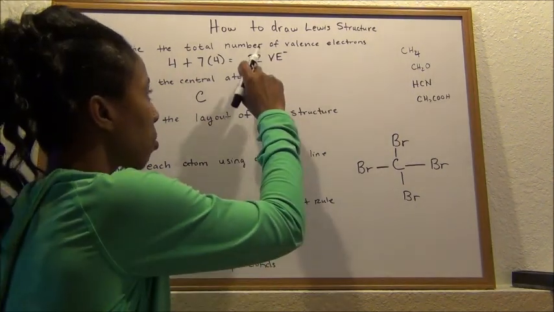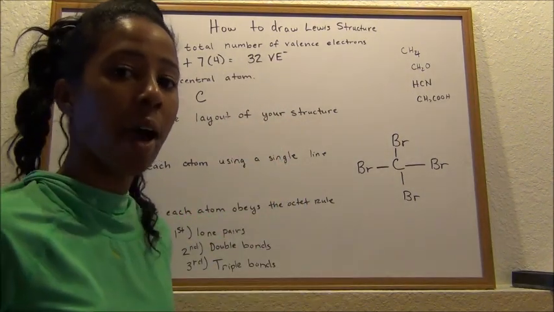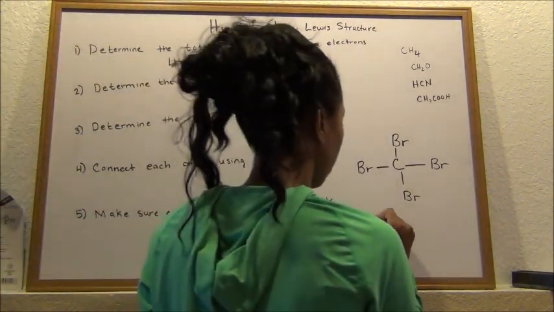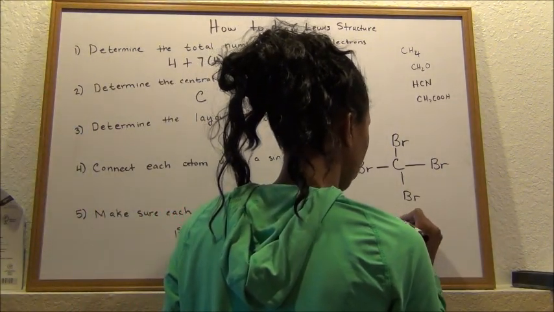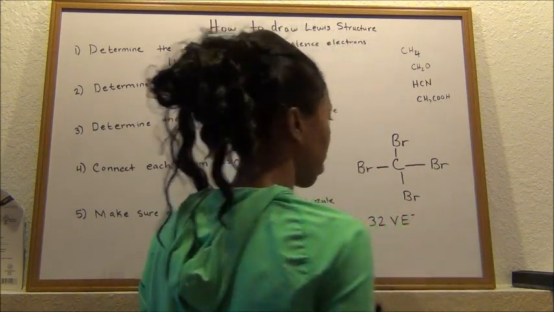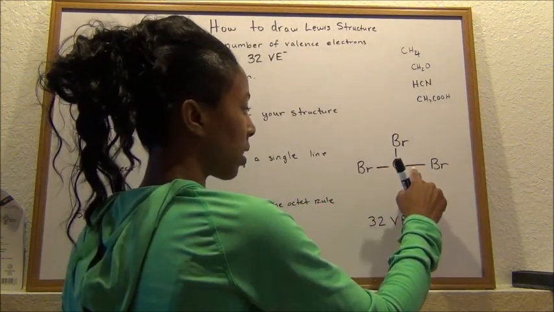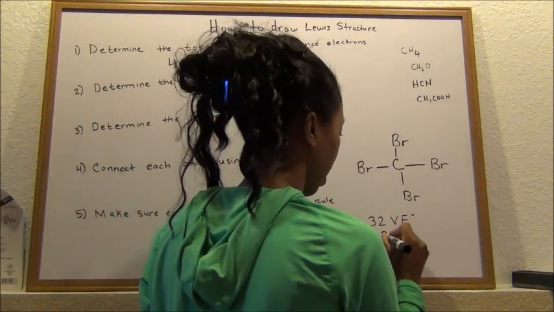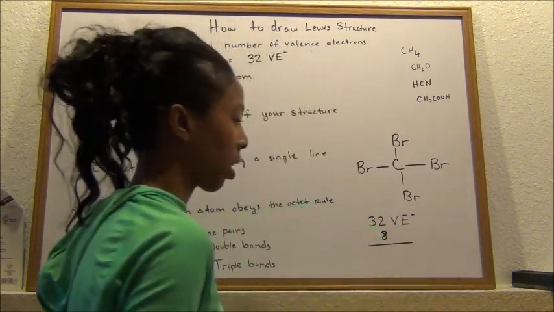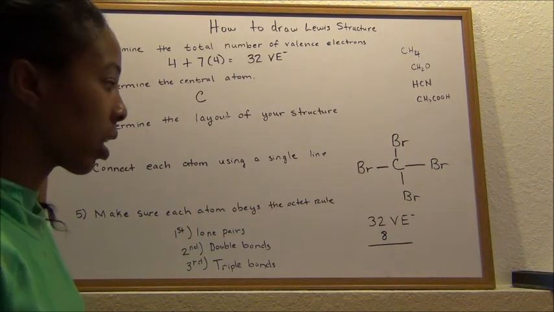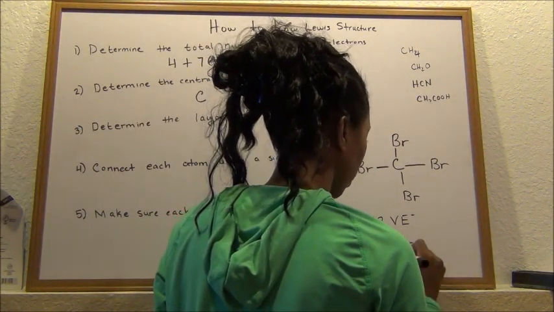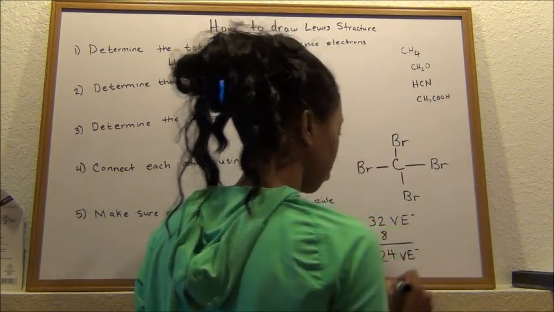So before I do that, I'm going to see how many electrons I have left to use. I started off with 32 valence electrons, but I've used up 2, 4, 6, 8 of those electrons. So I'm going to subtract 8 from that, and that leaves me with 24 valence electrons.